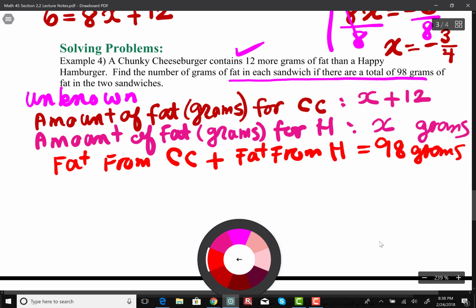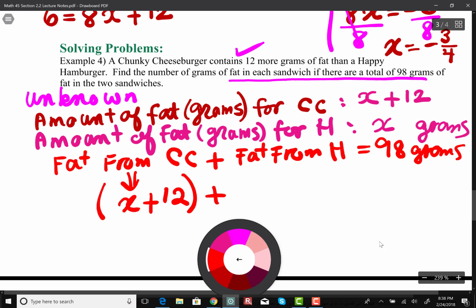This is what the sentence says, but we wrote it in terms of an equation. But we already have defined fat from chunky cheeseburger is x plus 12. So this is x plus 12.